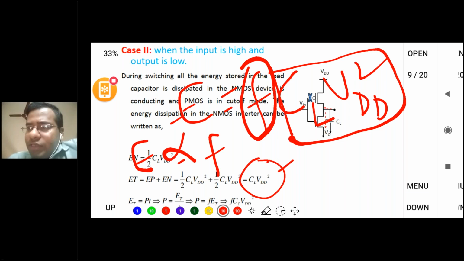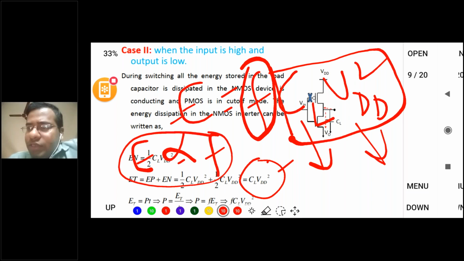If your clock frequency is less, then your power is also less, because this is a directly proportional relationship. So first, you control these two values, and then you control your clock. You do not waste your clock. Your clock frequency is also important to control the energy of your circuit.